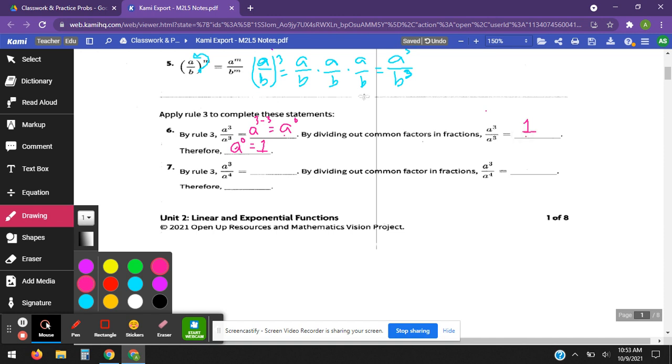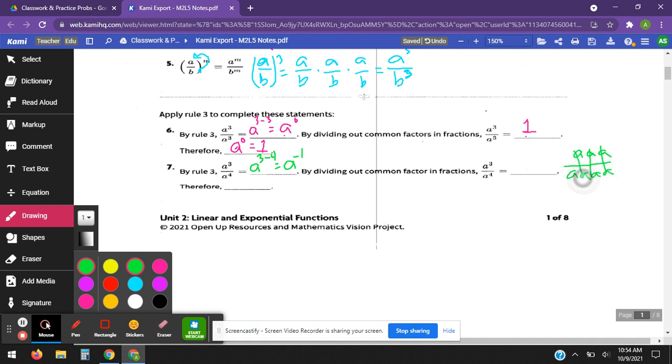All right, let's try it with this one. So also by rule 3, we subtract. So a to the 3 minus 4 equals a to the negative 1. And if we divide out these common factors, remember we have 3 a's on the top and 4 a's on the bottom.